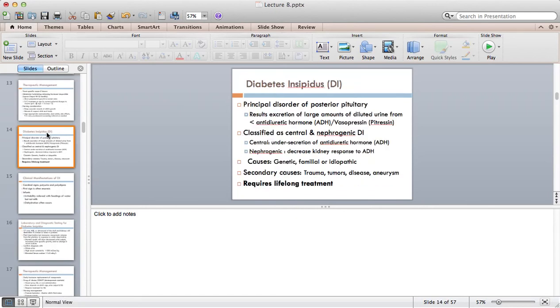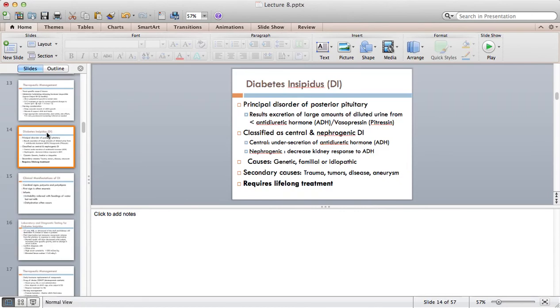So, continuing on, disorders of the pituitary gland. What we have done so far is disorders that affect the anterior pituitary gland. This time around, we're looking at dysfunctions of the posterior pituitary gland.